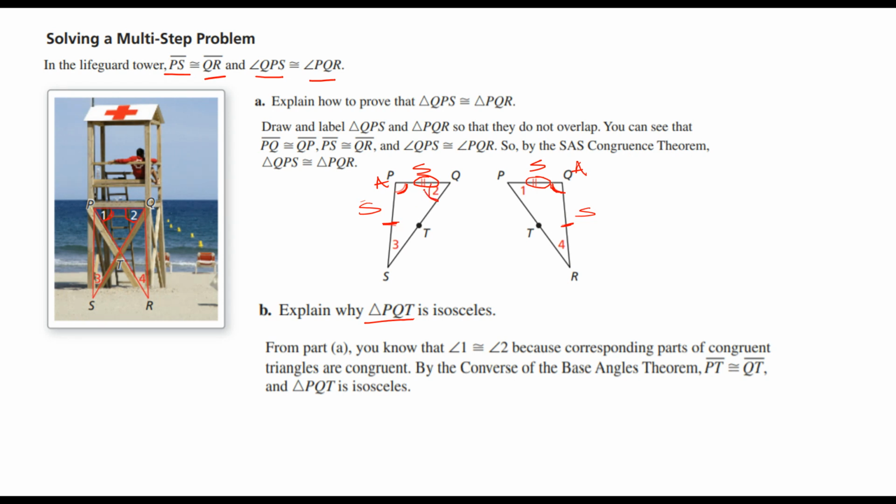So angle 1 and angle 2 are right here and here. Those have to be congruent because those are the corresponding parts of these two triangles. So now, since I know those are congruent, I can use that isosceles rule, the converse of the base angles theorem, to prove that PT is congruent with QT, which means that PQT is isosceles.